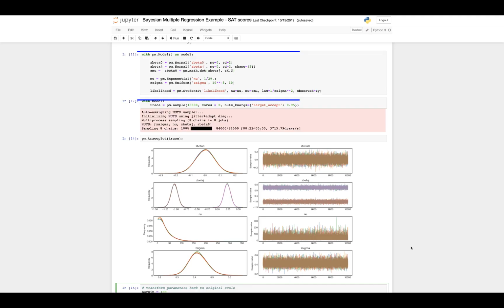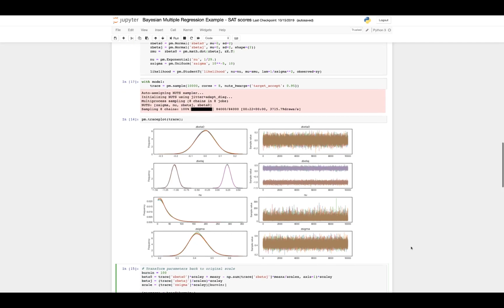This is just defining our prior distributions, the Gaussians, defining the regression equation, defining the exponential for the degrees of freedom, the uniform for the scaling parameter, and then setting the likelihood as a Student t distribution with the variables described.